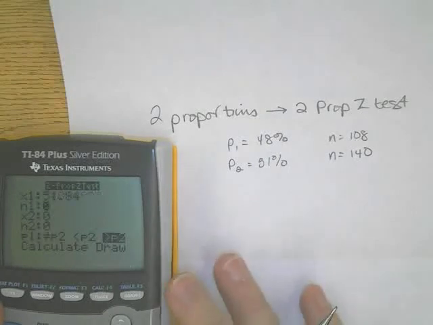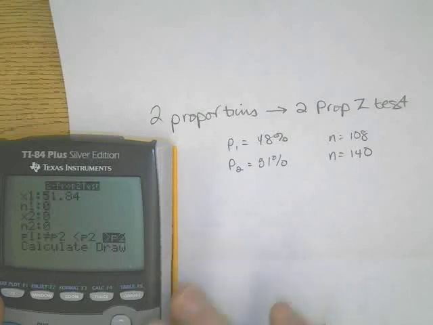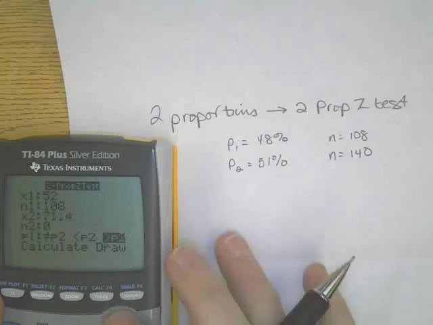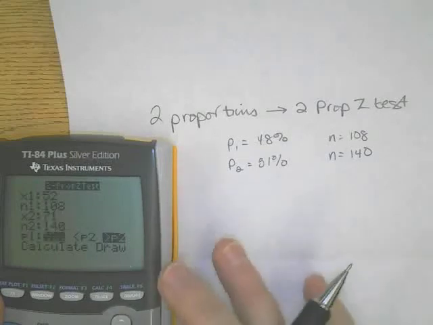And that's 51.84. So let's put in 52. And then n1 is 108. And then my x2, .51 times 140, 71.4. So I'm going to change that to 71, 140, and let's see what happens.